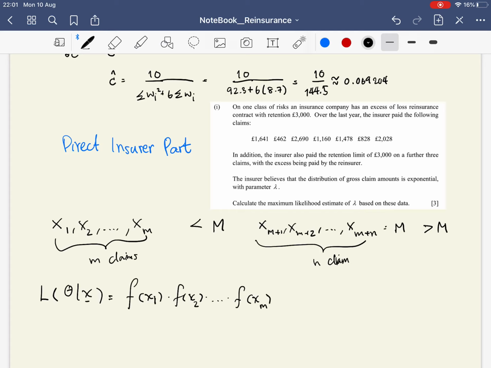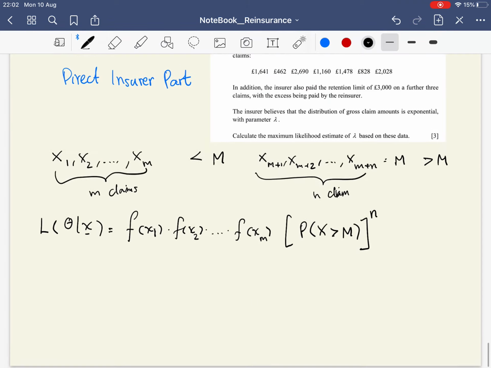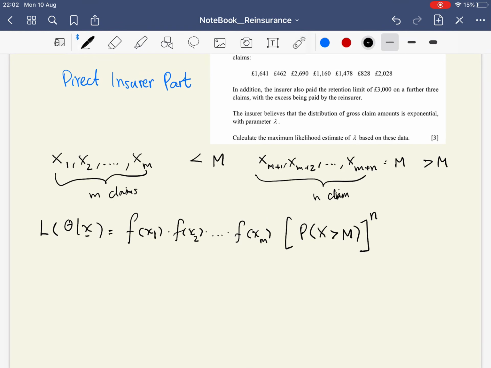And for those other n claims, we call it censored. There was censoring because we only see the part below the retention limit. The way we deal with it is we just calculate the probability that the claim will be greater than m, and then raise it to the power of the number of claims that were censored.